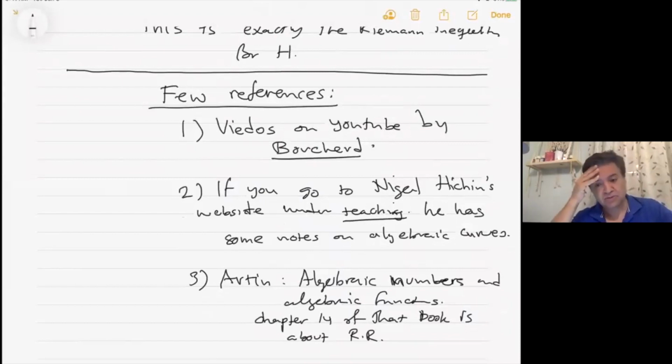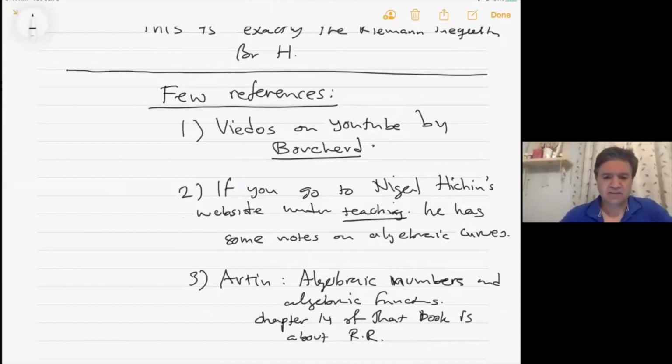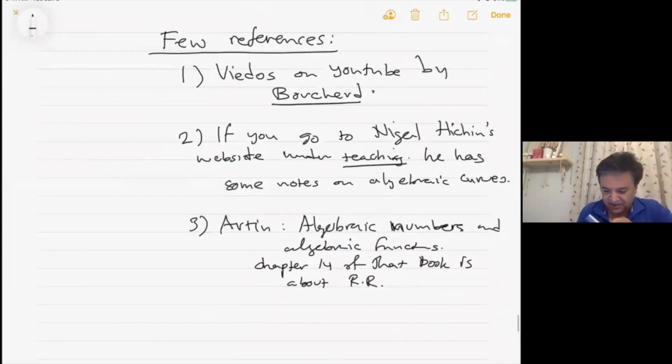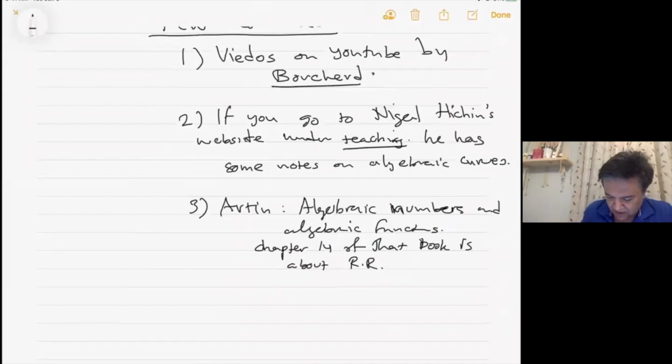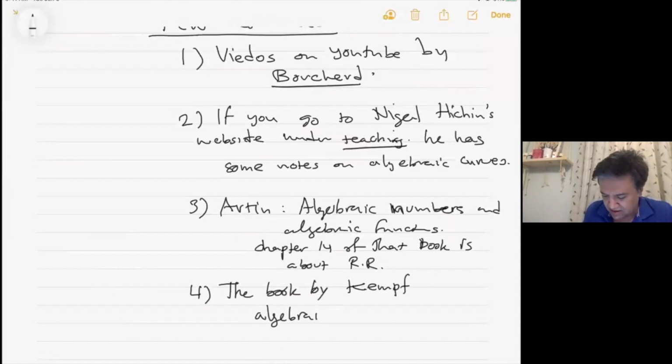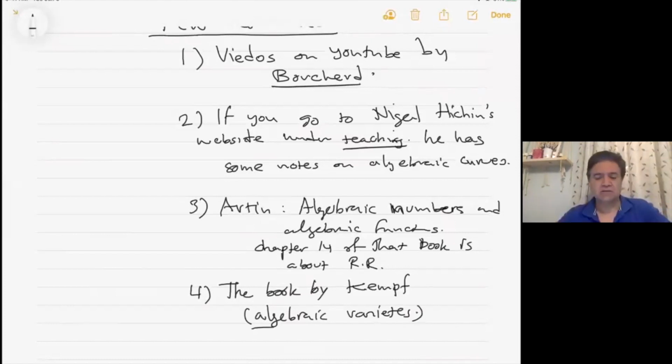It has a complete proof, actually it has two different proofs for Riemann-Roch, and the Riemann-Roch that is proved in that book is actually for any field K, not even necessarily algebraically closed. So it's very general. And the final reference I should give you is Kempf, called Algebraic Varieties. In that book, it has a proof of Riemann-Roch using the language of sheaves and cohomology of sheaves.